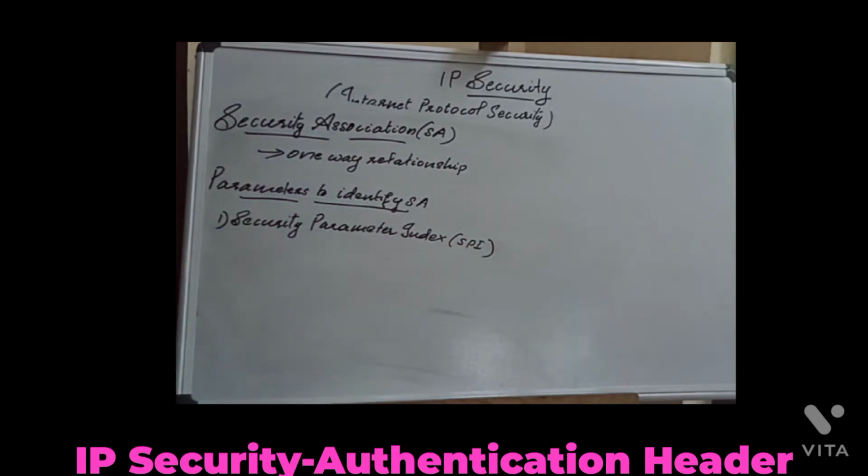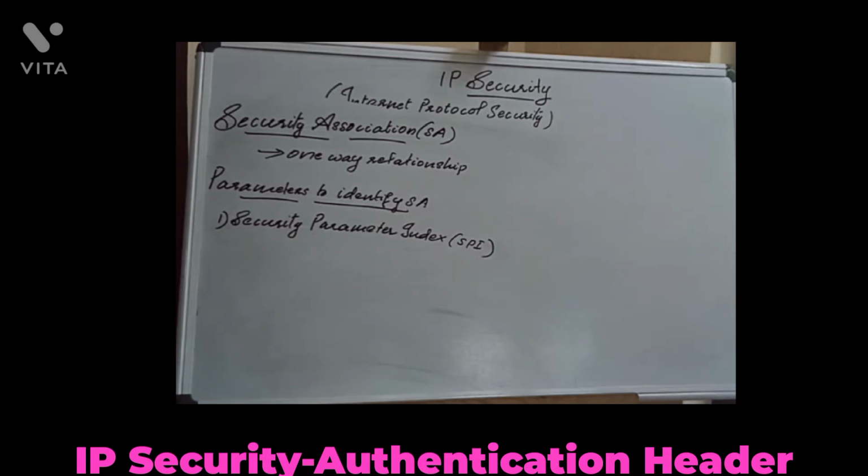Security association is uniquely identified by three parameters. First one is Security Parameter Index, or SPI. SPI is carried in both AH and ESP protocols. It's a unique number given to a security association.